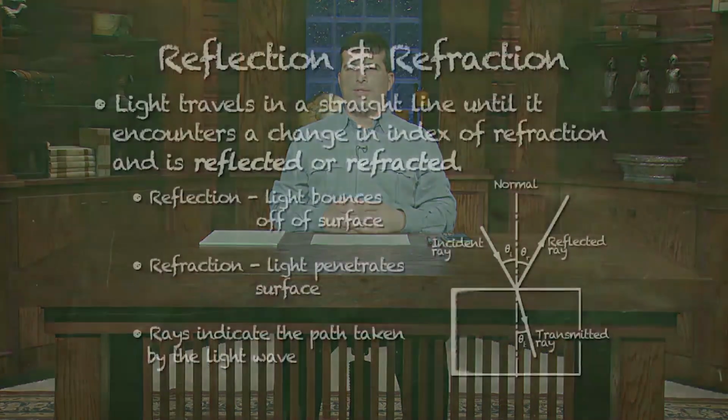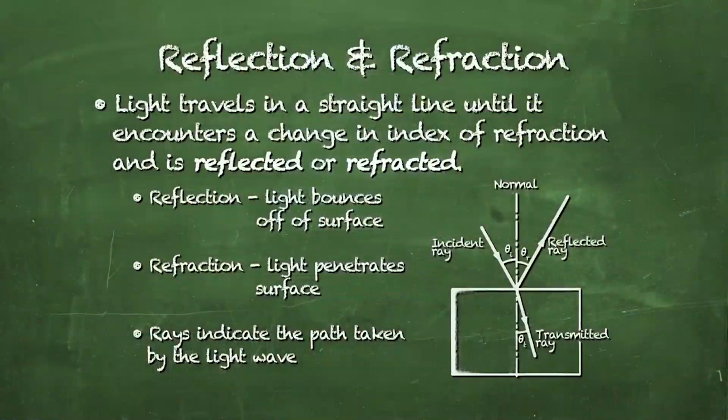Take a look at this image. In this diagram, we have a beam or ray of light, which we call the incident ray, that symbolizes the direction of the initial light wave traveling towards a surface where the index of refraction changes.